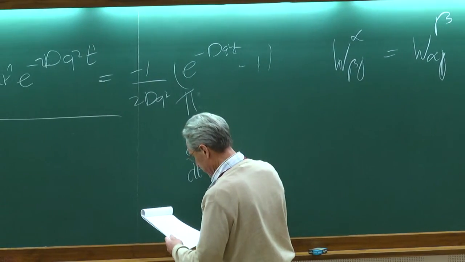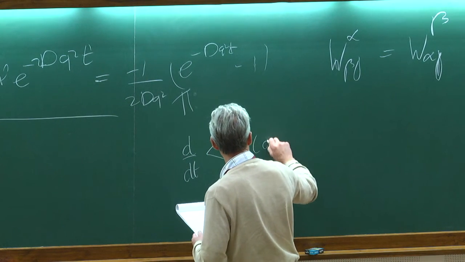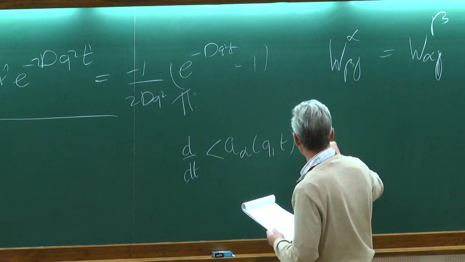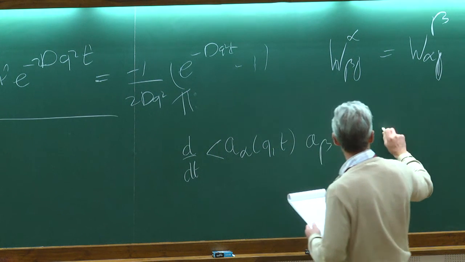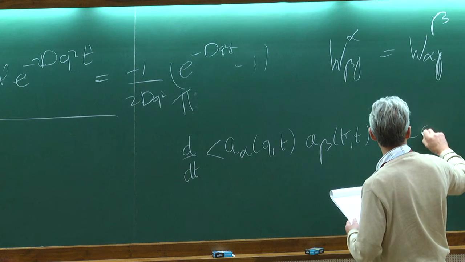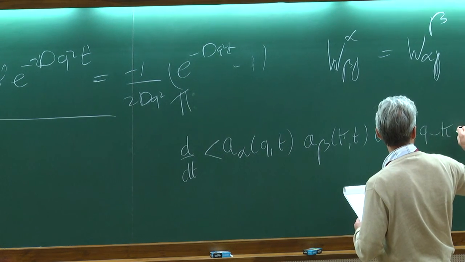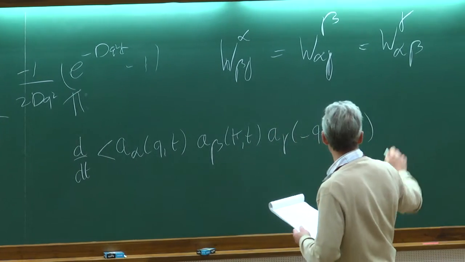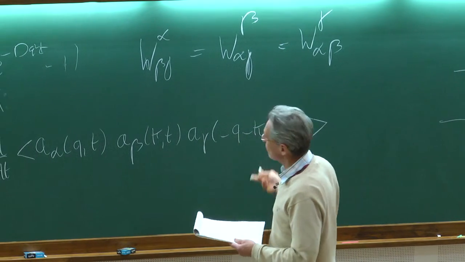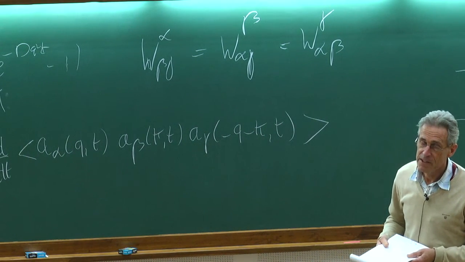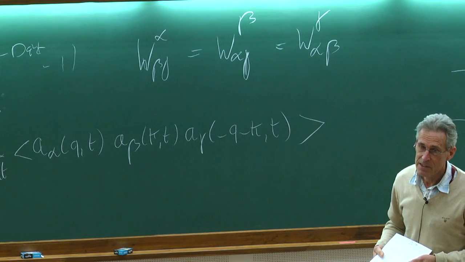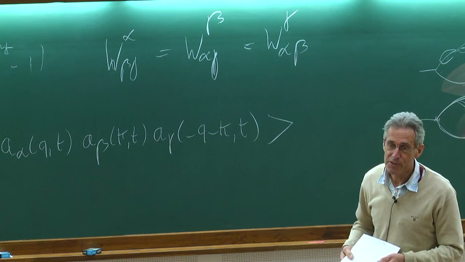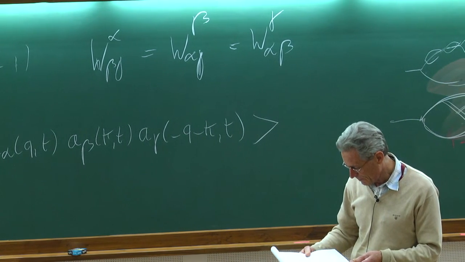Look at the time derivative of A alpha of q and t, A beta of k and t, times A gamma of minus q minus k and t. The average of this in the stationary state. Of course, this has to vanish in a stationary state, just because of stationarity, it must be time independent.